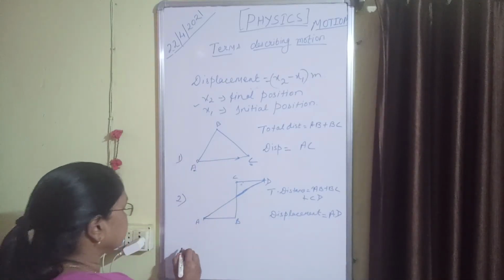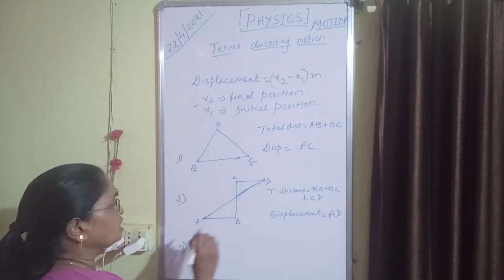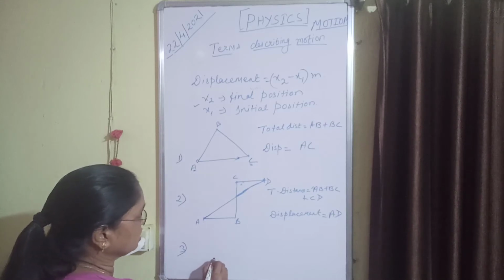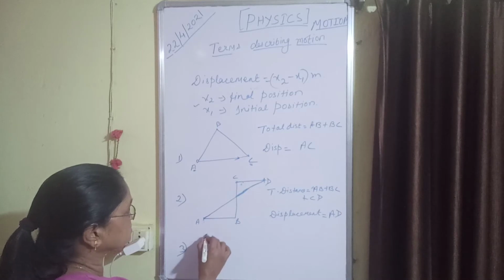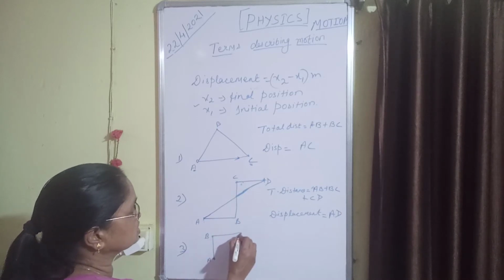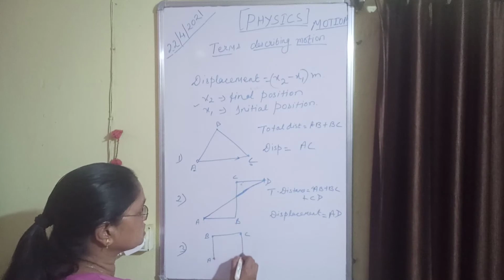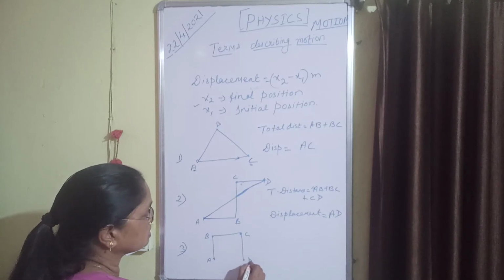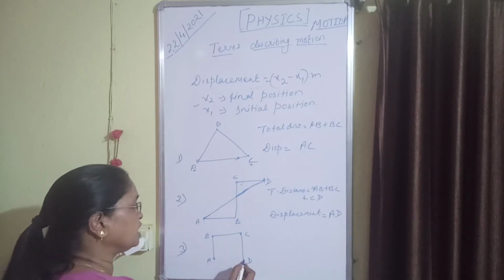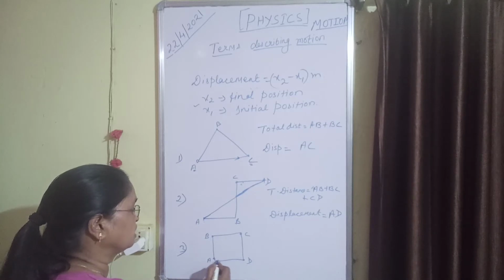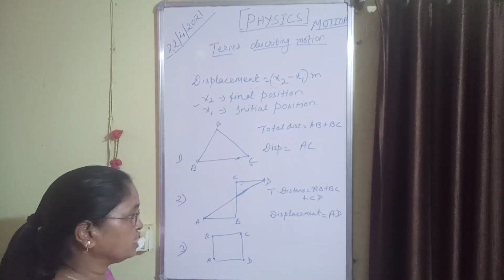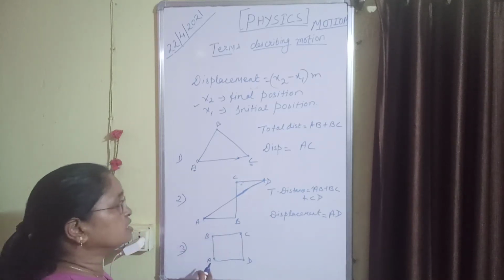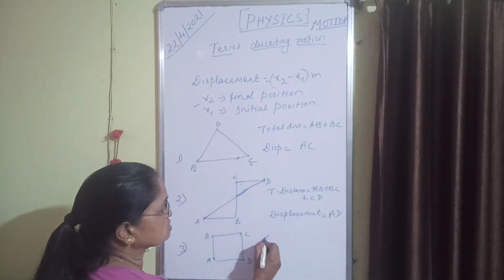Again, third figure, one more figure I am showing you. Suppose a body starts from A, goes up to B, from B to C and from C to D, and again the body has come back to its initial position A. So again students, be careful, this is what we have to keep in mind. In this third case, what will be the distance?